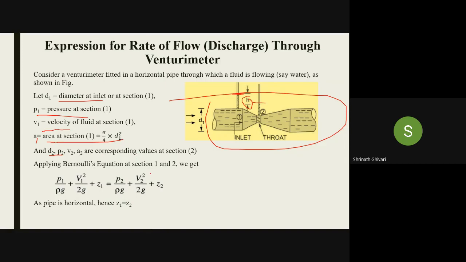To get this, we apply Bernoulli's equation. Bernoulli's equation is P by rho g plus V1 squared by 2g plus Z1.